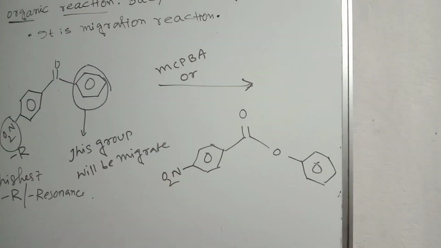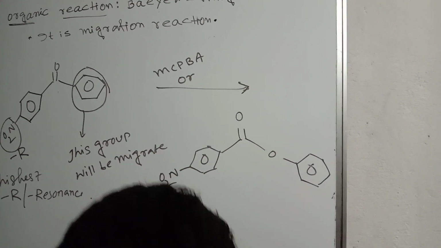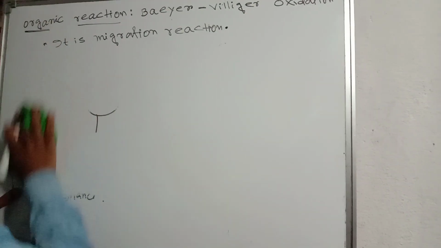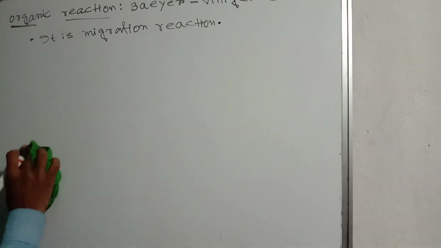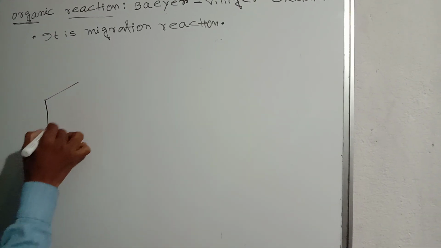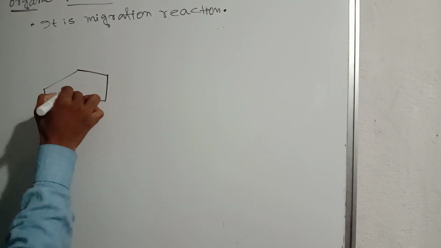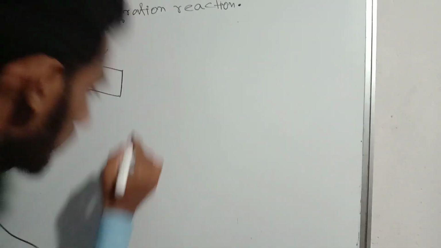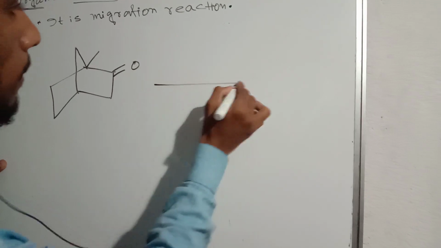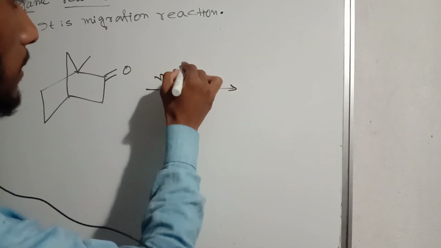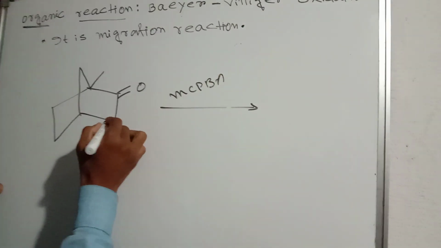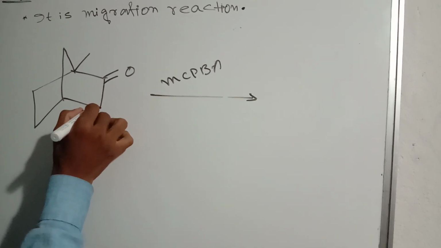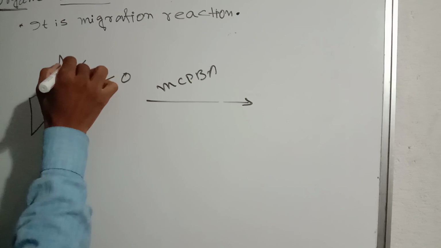We take another example. If we take this group in the presence of mCPBA, what will happen? This carbon is primary, but this carbon is tertiary.